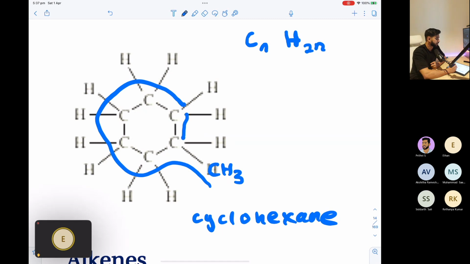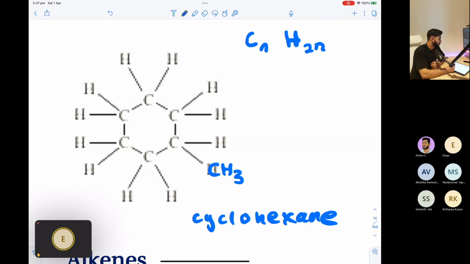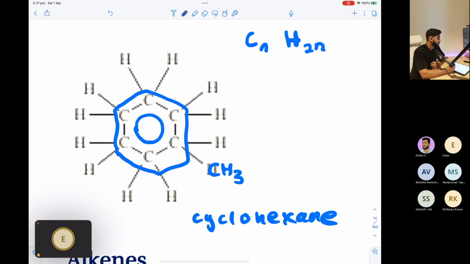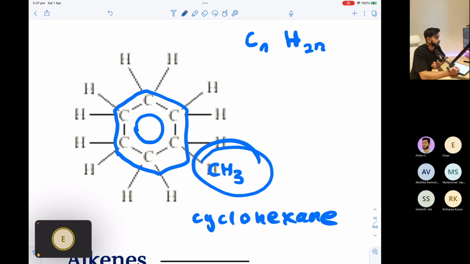Because if we come back to this, we've counted this carbon twice. Do you agree? And if we don't count that, then we haven't accounted for this bond here. So what I mean to say is that the ring is always going to be your main chain. Yes? This is never going to be part of your main chain. Okay?